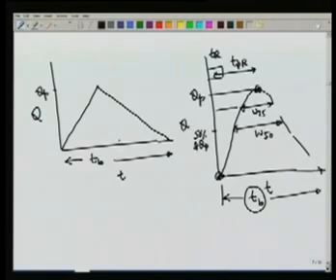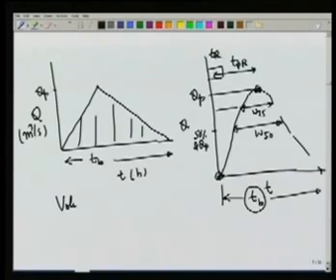Once we assume it to be a triangle, it's very easy to find out the area under the curve, which, knowing that Q is in meter cube per second and T is in hours, can be written as, the volume can be written as half QP TB.